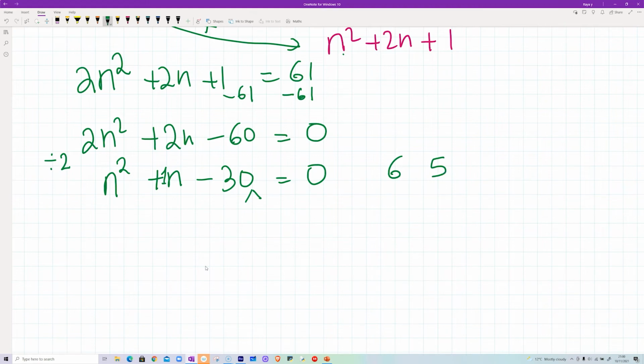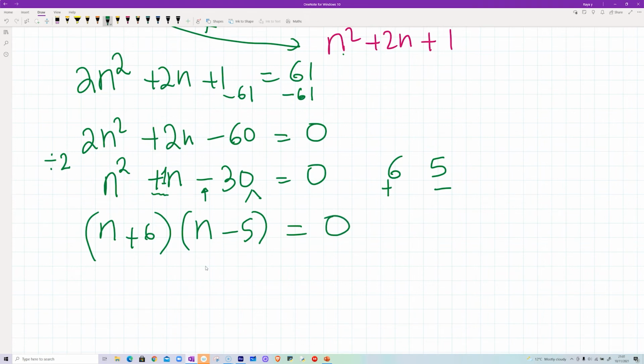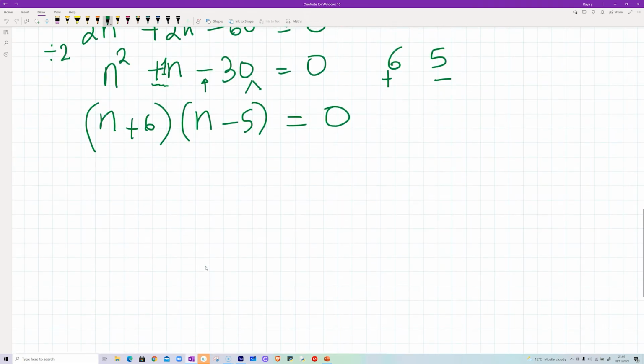We have to decide which one is positive, which one is negative, because I have a plus 1 here, which means the 6 is going to be the plus, the 5 is the negative. So now I can factorize. So I have n plus 6 and then n minus 5 in the other, equal to 0, guys. You solve this, you'll have n equals negative 6 and then n equals 5.